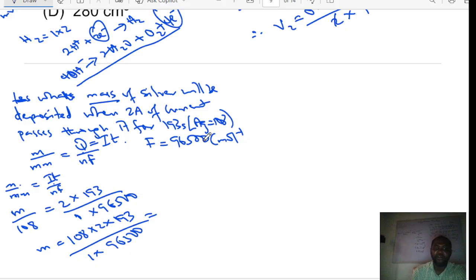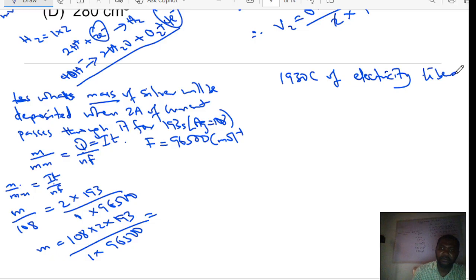Okay, let me give another question. Let's say 1930 coulombs of electricity liberates what volume of oxygen at the anode.